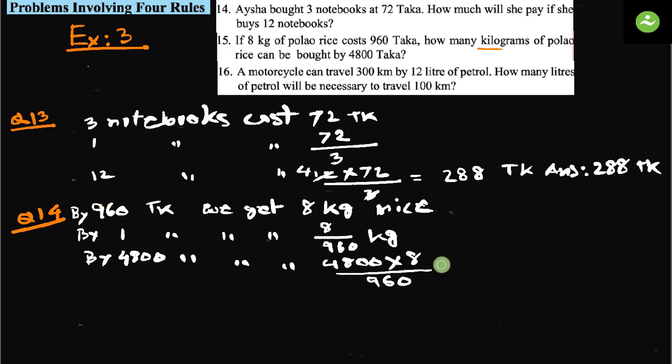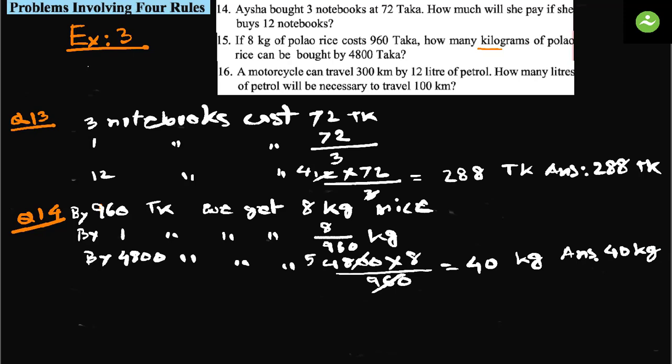If we divide 4,800 by 960, the quotient will be 5. So 5 into 8 is 40. The unit is kg, 40 kg. Answer: 40 kg.